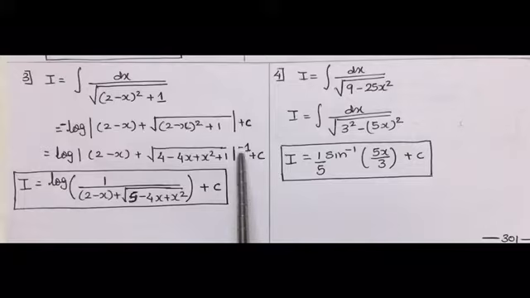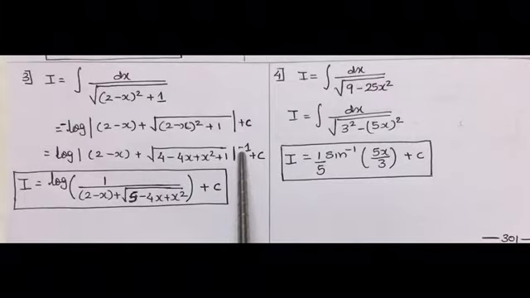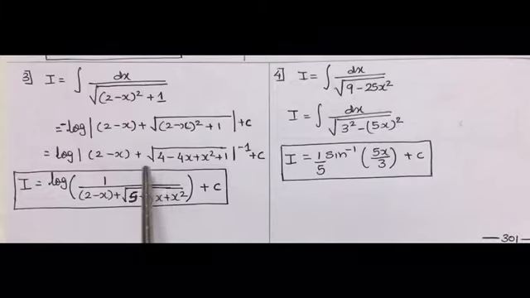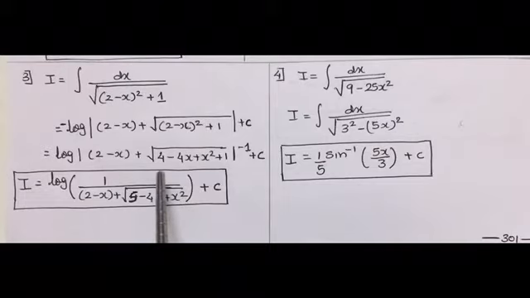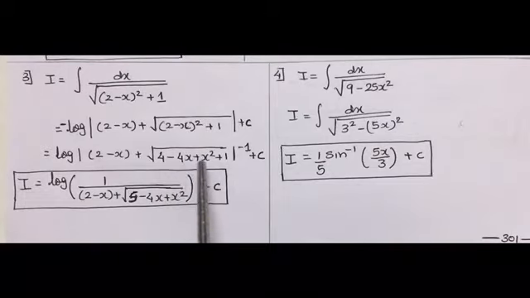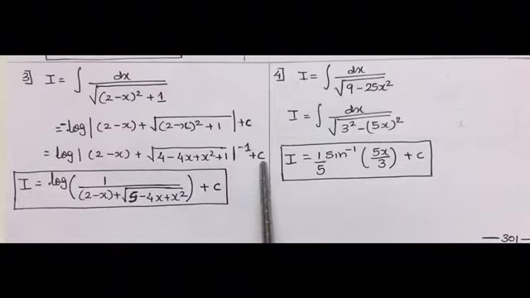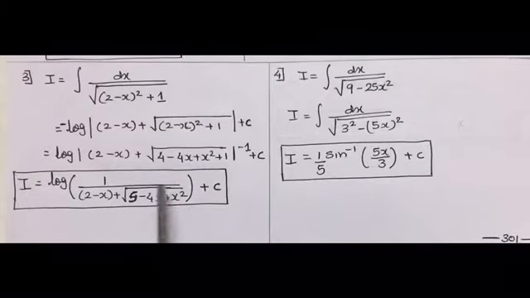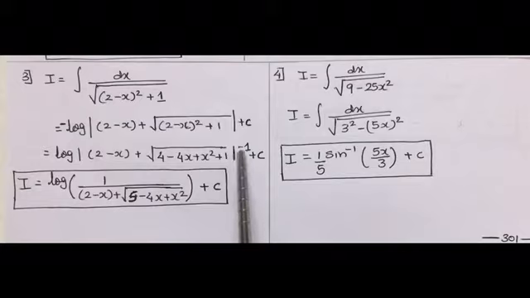Now minus 1 we can take it in the form of power as per the power law of log. So we get log of absolute 2 minus x plus under root. If you expand this bracket, 2 minus x whole square will get 4 minus 4x plus x square plus 1, raised to minus 1 plus c. Now as minus 1 is the power here, and we will get 4 plus 1 as 5, minus 1 power, so we can take the reciprocal of it.